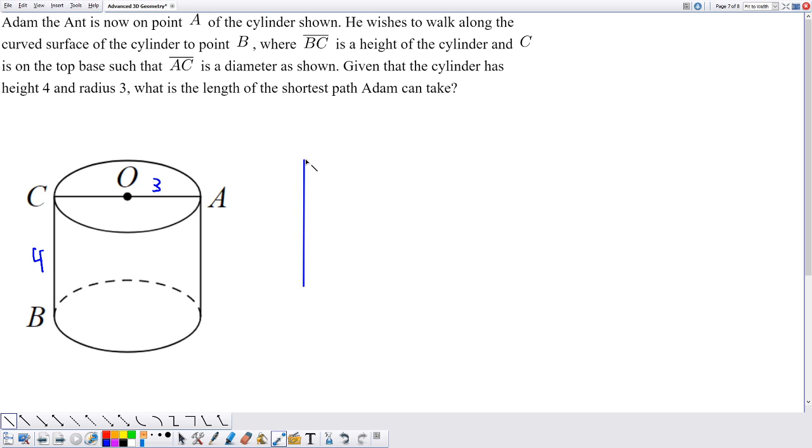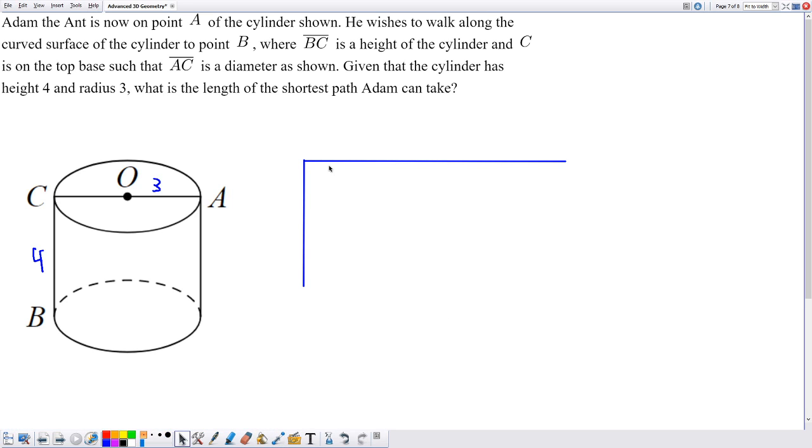So let's represent that shape as so. Again, we're unraveling the curved surface and making it a 2D problem because 2D problems are much easier to deal with.